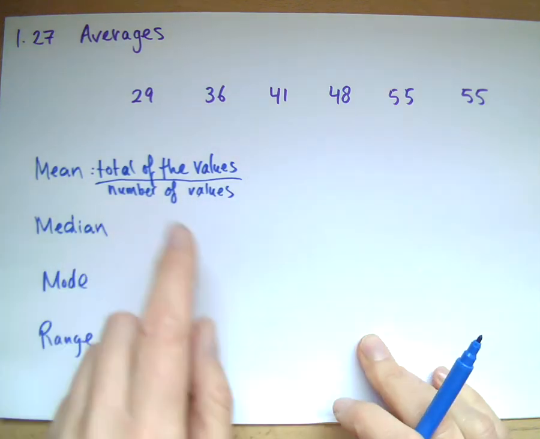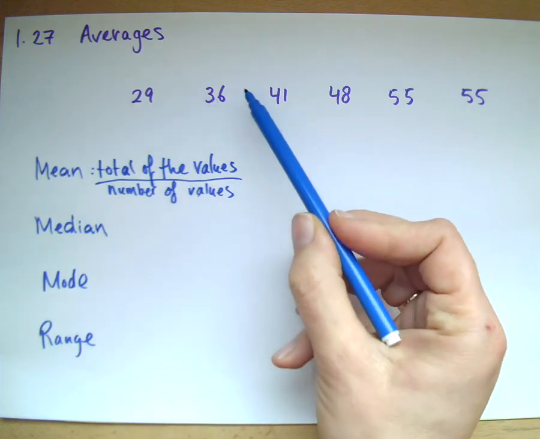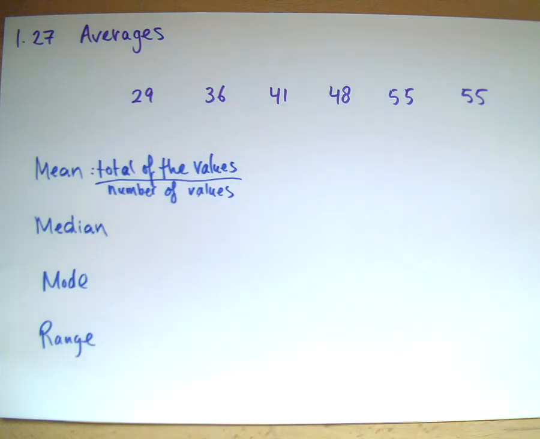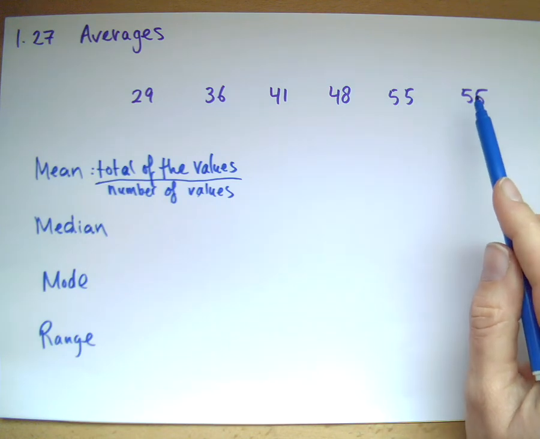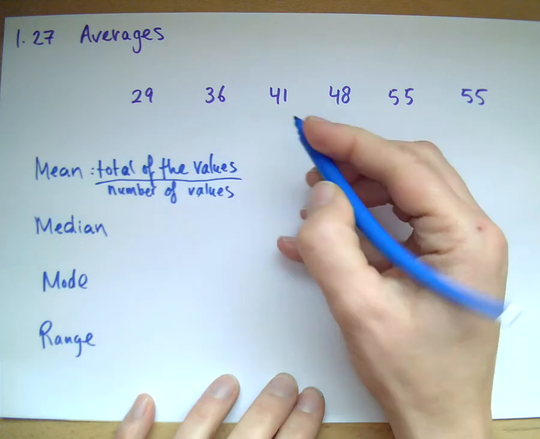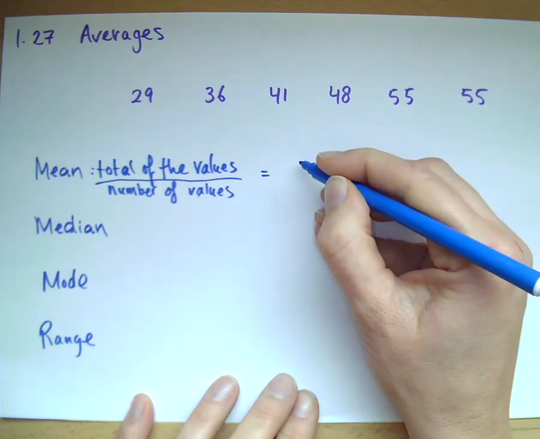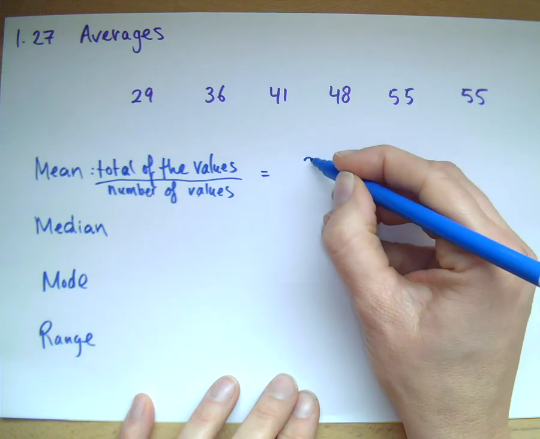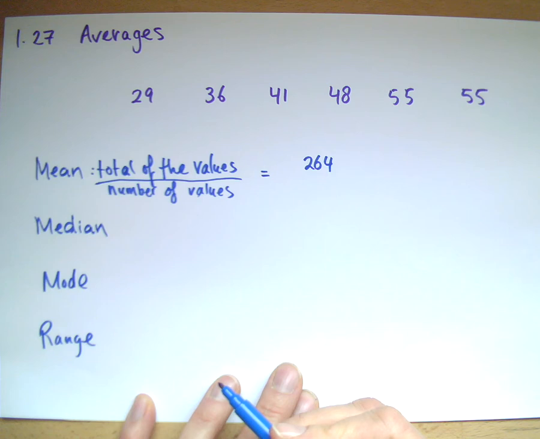In this case, 29 plus 36 plus 41 plus 48 plus 55 plus 55. Am I going to do that? Yes, I am. So I add up all the values, and I use my calculator and add it up. It's 264.